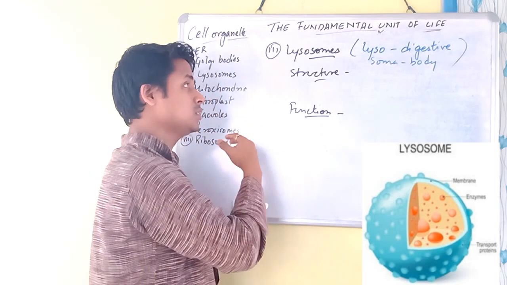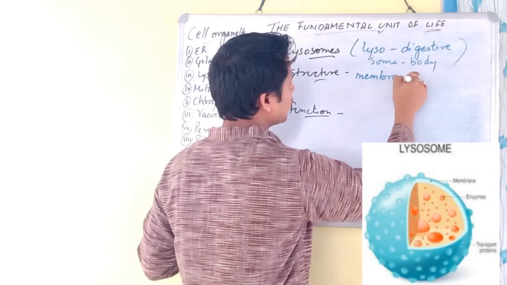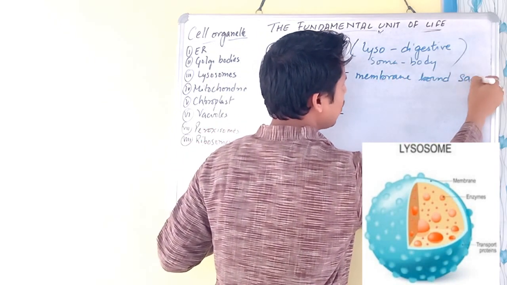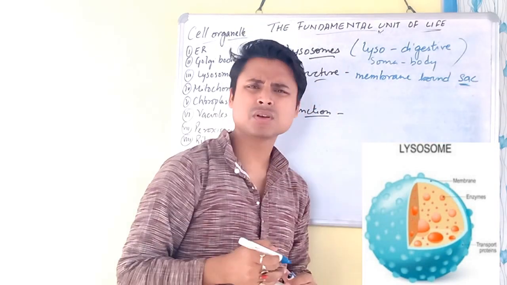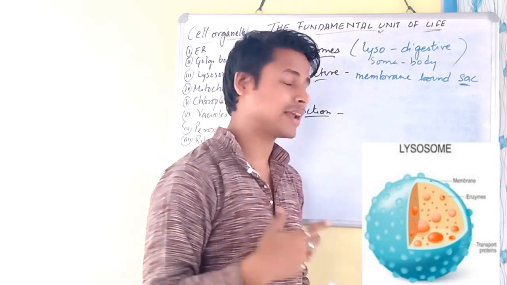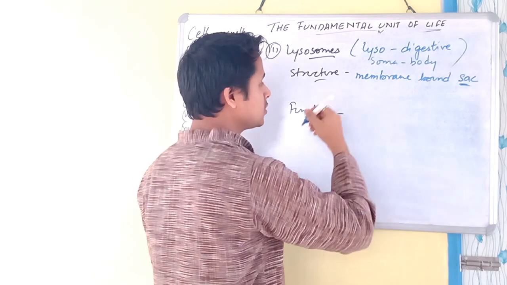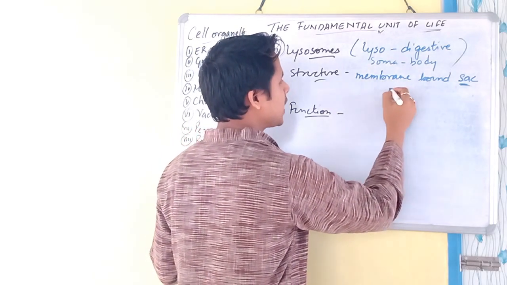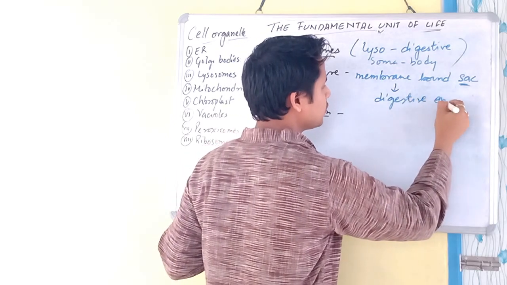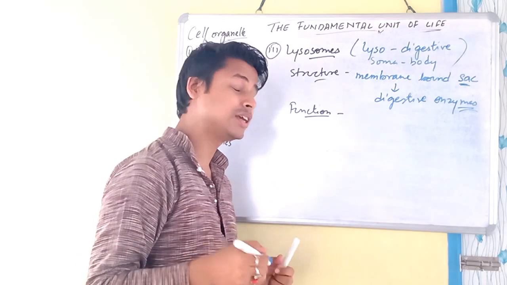This structure is a membrane bound sac. Sac means bag, right? It looks like that only. So a membrane bound sac, and this membrane bound sac carries digestive juice, digestive enzymes. Because of that only it does the function.